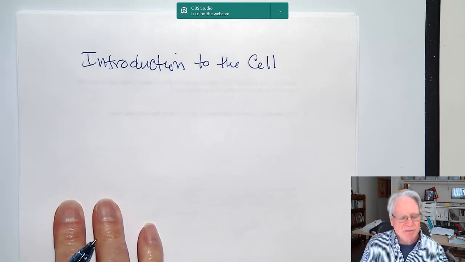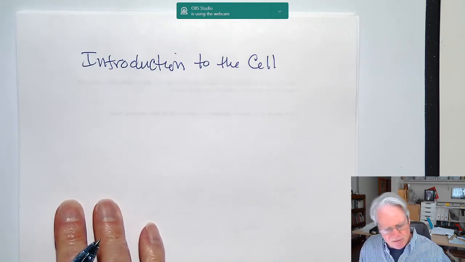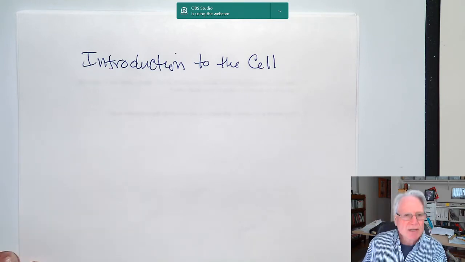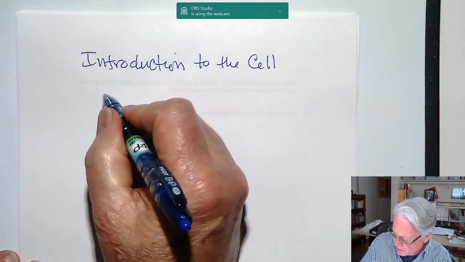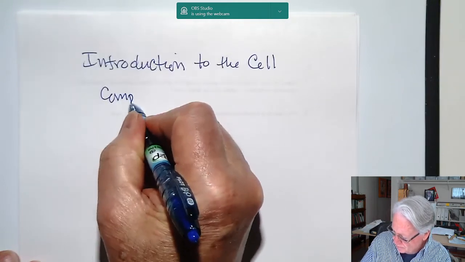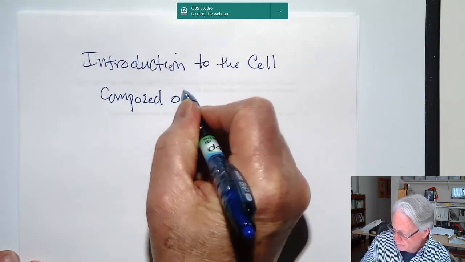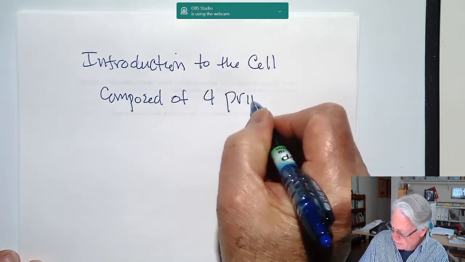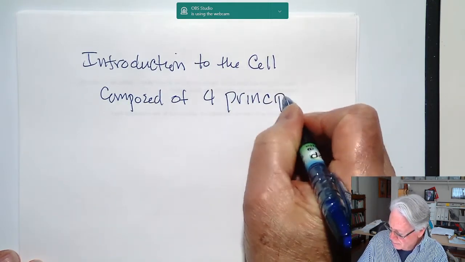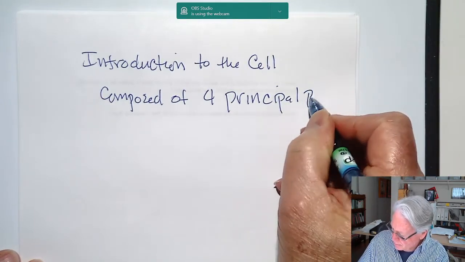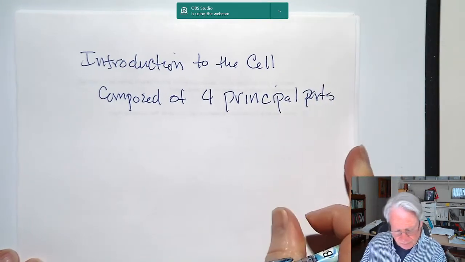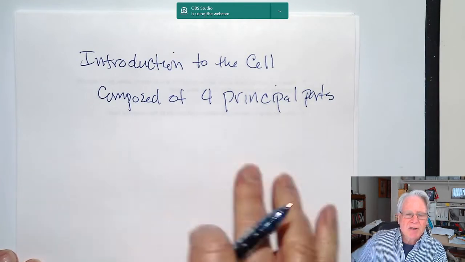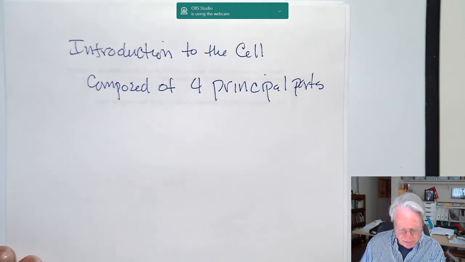So when we look at cells collectively and analyze them, what we find is that there are 4 basic principal parts. The cells are composed of 4 principal parts. I'll go ahead and list them, and then we'll look at the details of each one.